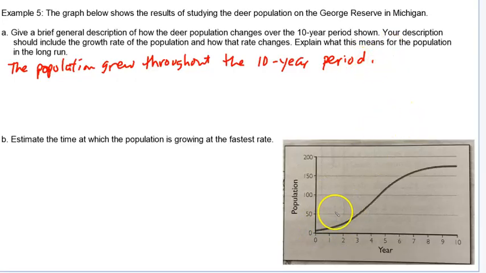Over the first 4 years, the population is increasing at an increasing rate. You can see it's a little steeper.